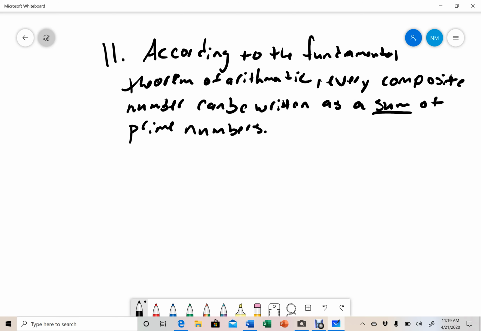Okay, sum is your underlined word. So go back in your book and look that up, talking about composite numbers in the fundamental theorem of arithmetic, to find out what that answer is there.